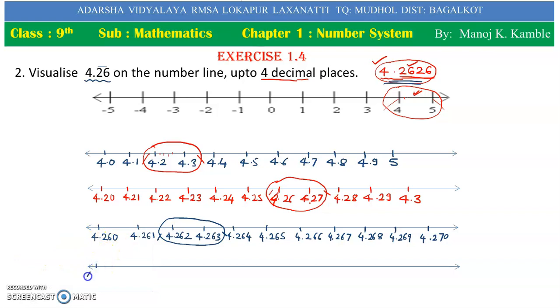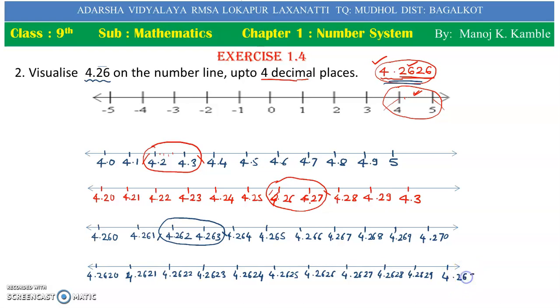so here 4.2620, 4.2621, 4.2622, 4.2623, 4.2624, 4.2625, 4.2626, 4.2627, 4.2628, 4.2629, and last here 4.263.